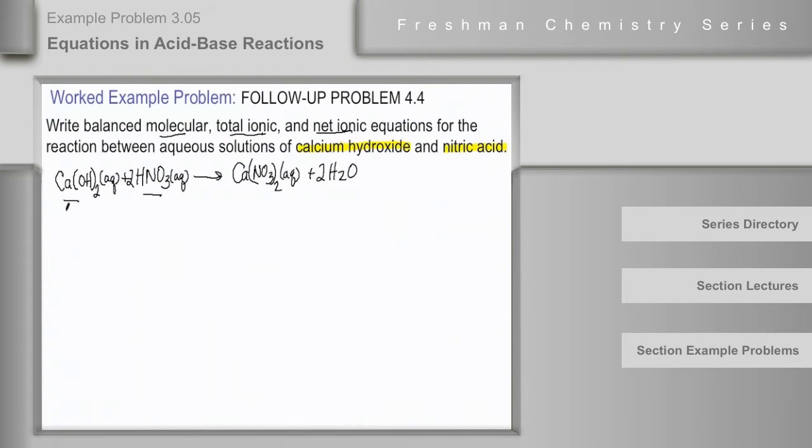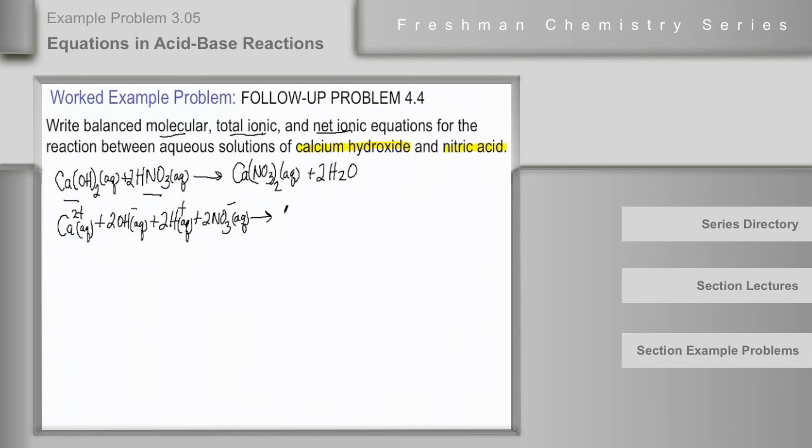Calcium hydroxide will dissolve in water to form calcium ions plus 2 hydroxide ions for each calcium. Nitric acid is a strong acid, so we'll have 2H+ aqueous plus 2 NO3-, that's the nitrate ion, in aqueous solution.